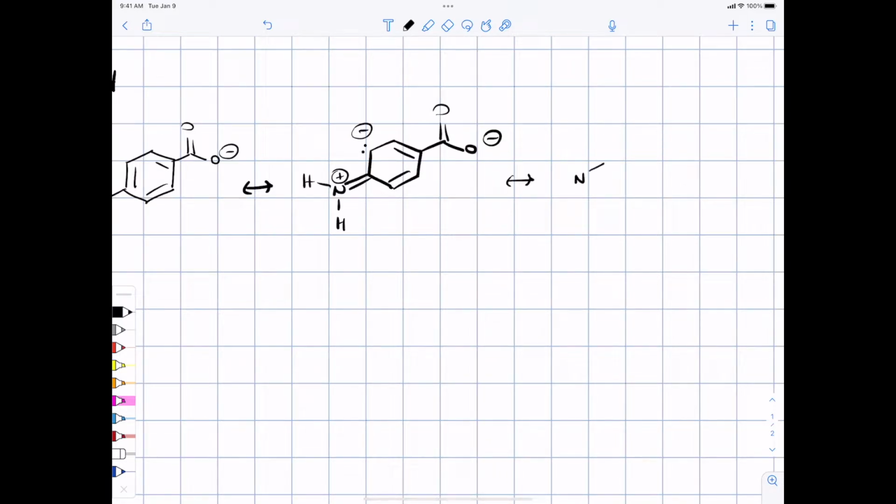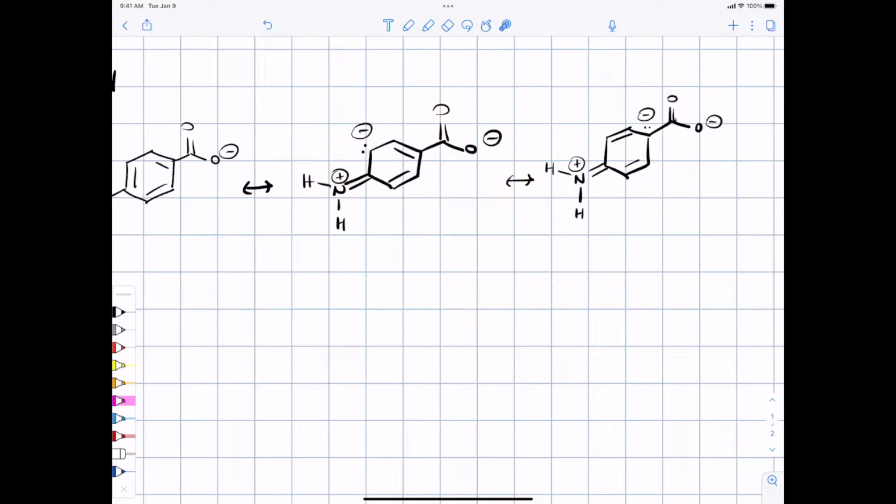Nevertheless, it can place a negative charge on the atom directly adjacent to the carboxylic acid. So we can put a negative charge on this carbon, and increasing the electron density in the ring should be destabilizing to this negative charge.